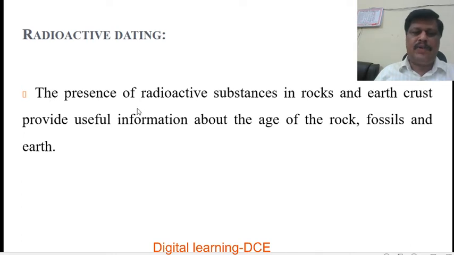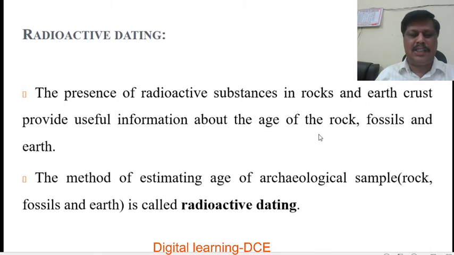The presence of radioactive substances in rocks and earth crust provide useful information about the age of the rock, fossils and earth. The presence of radioactive substances like uranium, radium, potassium 40, carbon 14, etc. in rocks and earth crust provide useful information about the age of the rock, fossils and earth.